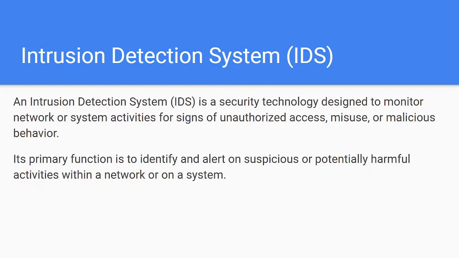Why should we use IDS as a security tool in our company's environment? The goal is to identify and alert on malicious or suspicious activities. So if there's suspicious activity within the network or on a device or on a system, the goal of an IDS is to alert the administrator, the network personnel, or the cybersecurity personnel, so that they can handle it and do the needful.